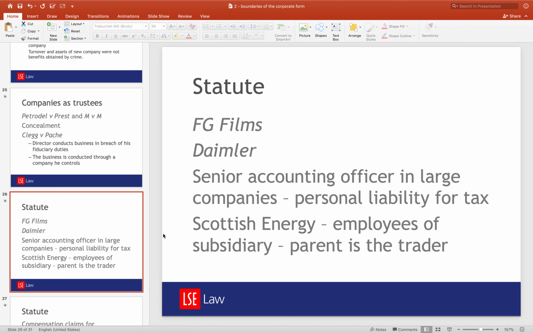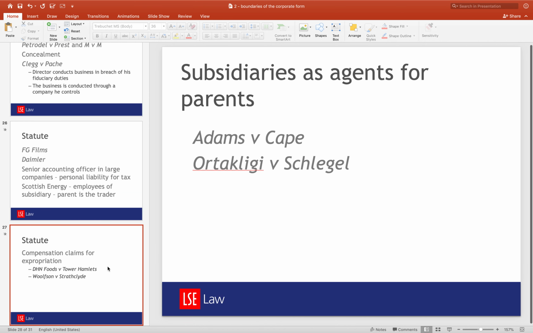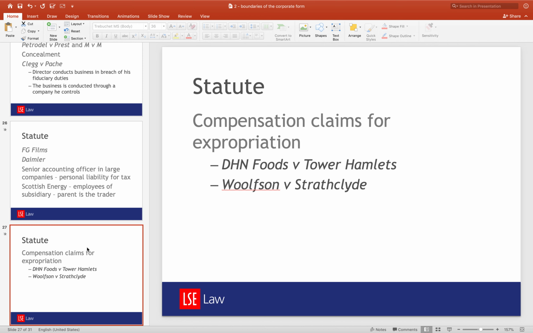Okay, another example is that the senior accounting officers of large companies have a personal liability for tax. And the Scottish Energy case, which was the case of trading restrictions for certain deprived areas, and the parent company was liable because it was a trader. Okay, so statute then.